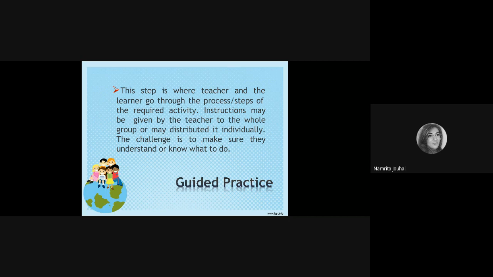Some students who know how to follow instructions will carry on, but as a teacher you know there are certain students who will miss out on the point.